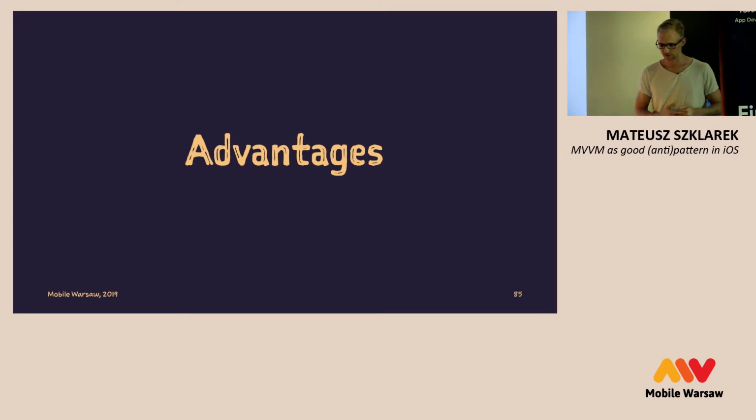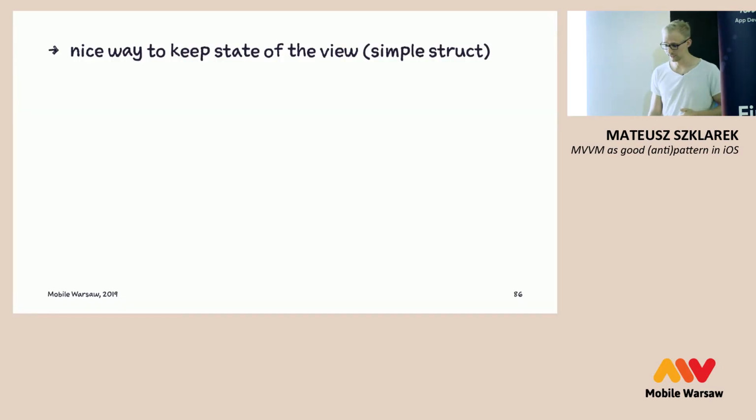So let's go to the advantages of our view model. A nice way to keep the state of the view, but in terms of a simple struct. This is the only pro which I wrote, and I'm wondering if using a simple struct called a view model is MVVM.